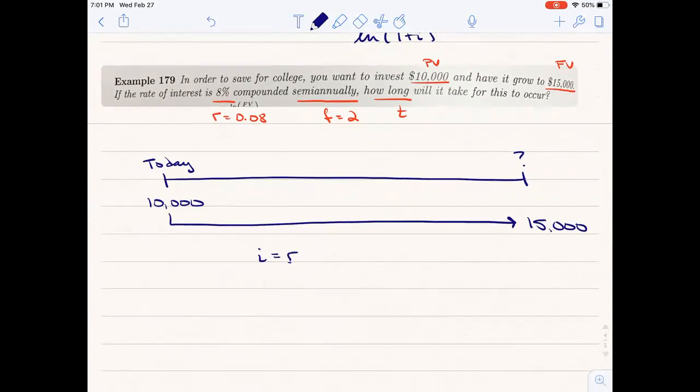i is r over f, which is 0.08 divided by 2. So our periodic interest rate is 0.04. And n, we don't know.